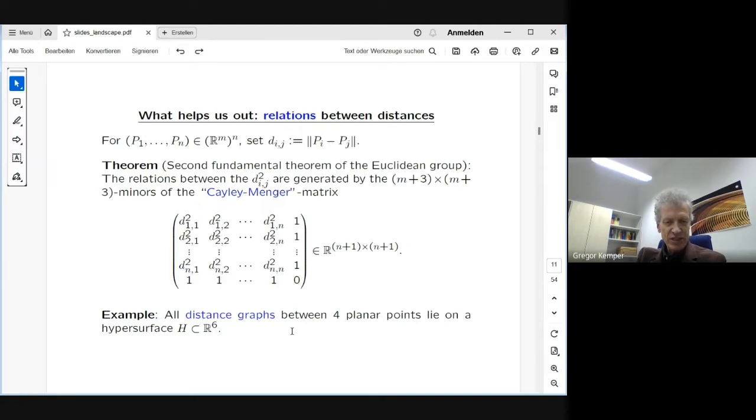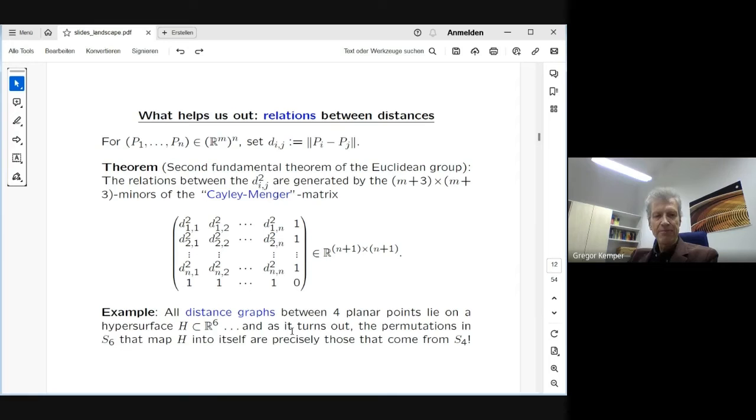So as it turns out, and this is the main part of the work we then did, in this case and in other cases as well, those permutations in S6, the symmetric group in six letters, that map this hypersurface into itself are precisely those that come from S4, in the sense that they are a permutation of the edges that really comes from a vertex permutation. So S4 are the vertex permutations.